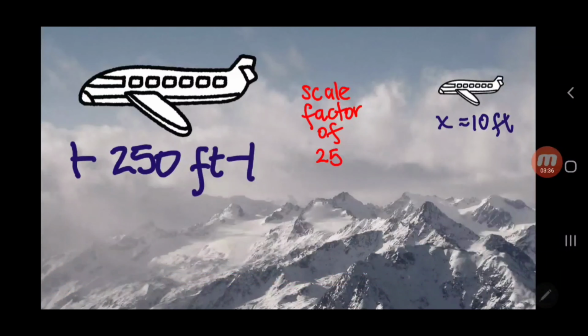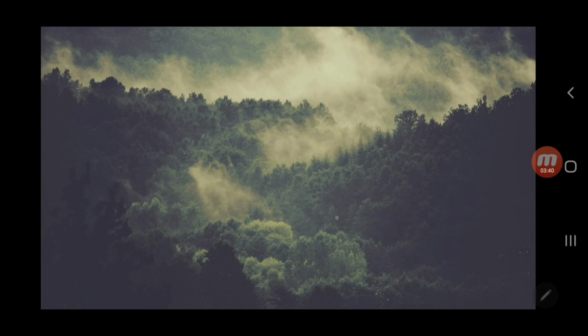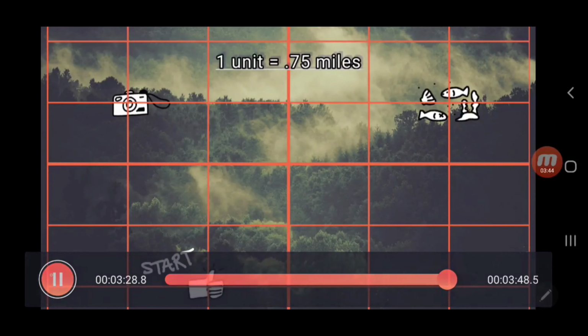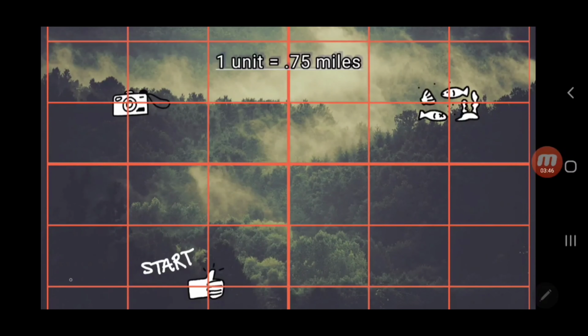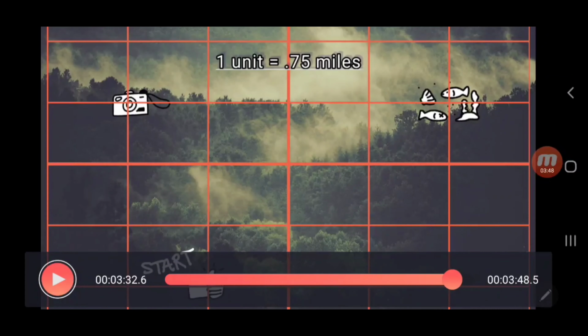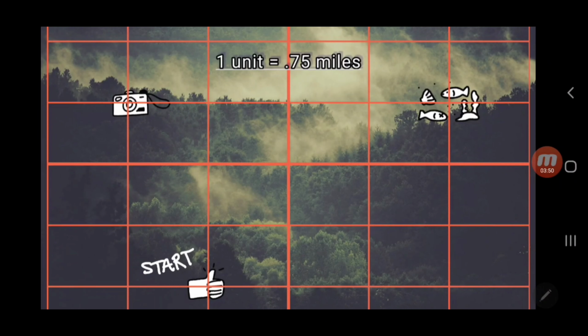Now, one place you see a lot of scales or scale drawings would be with maps. So for your homework, what I want you all to do is look at this map and tell me how long you've traveled in miles. So if you were to start at the start point on, I don't know, a camping trip, and the only thing you can do in terms of traveling is move vertically or horizontally.